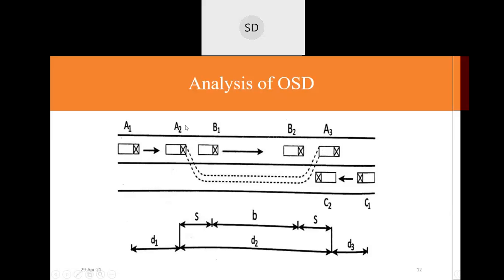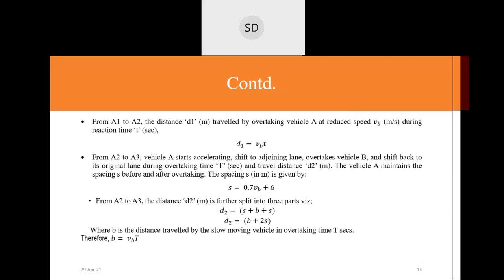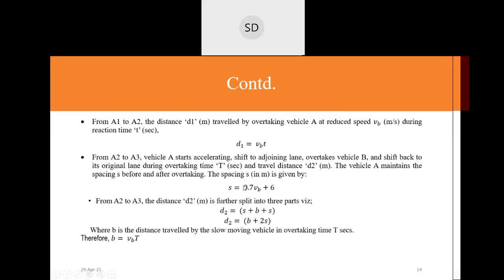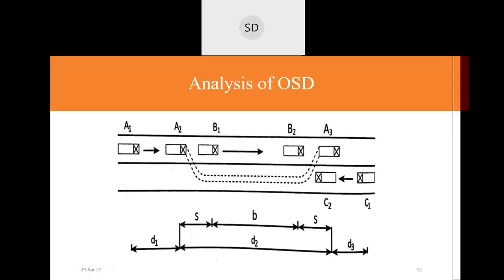This clear spacing is denoted as S, which is equal to 0.7 Vb plus 6. So your D2 would be B plus 2S, and you already found the value of S. Now what you have to find out is the value of B.